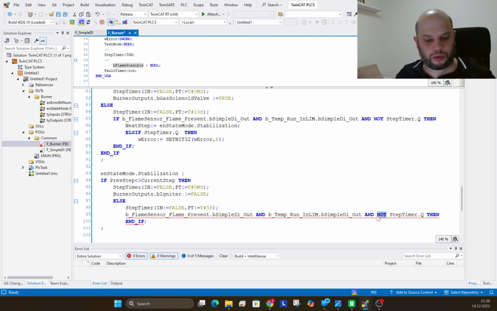So now I want to see both sensors and the timer.